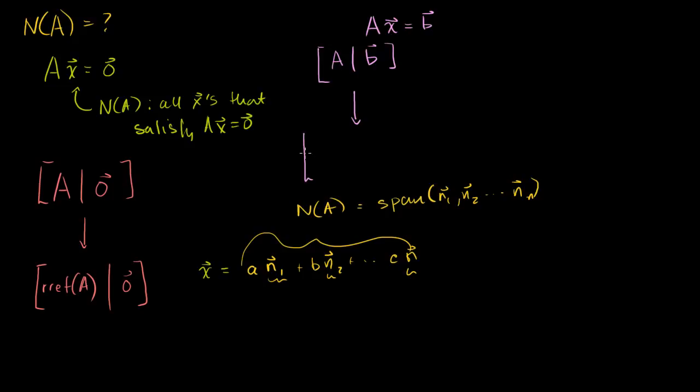So this left-hand side will be the reduced row echelon form of A. And on the right-hand side, whatever operations I did on A, I have to do on the entire row, so I'll also be doing them to b. So I'll have some new vector here. Maybe I'll call that the vector b prime. It's going to be different than b, but let's just call it b prime.